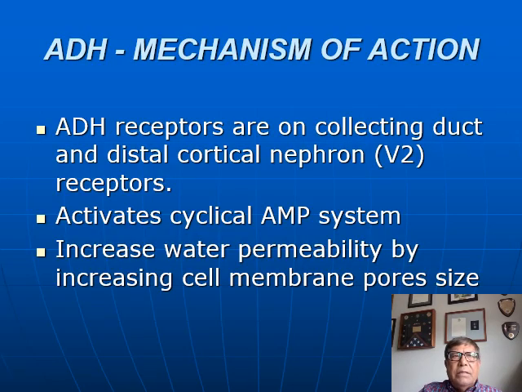It activates the adenyl cyclase cyclic AMP system, and as a result there will be an increase in membrane pore size, and therefore more water can be reabsorbed from the collecting duct and distal cortical nephron.